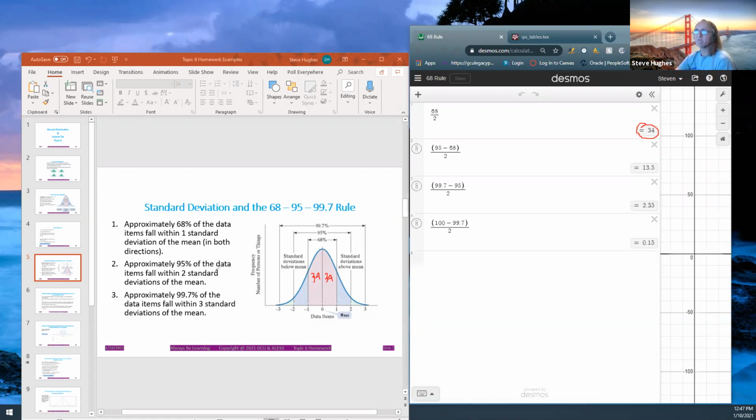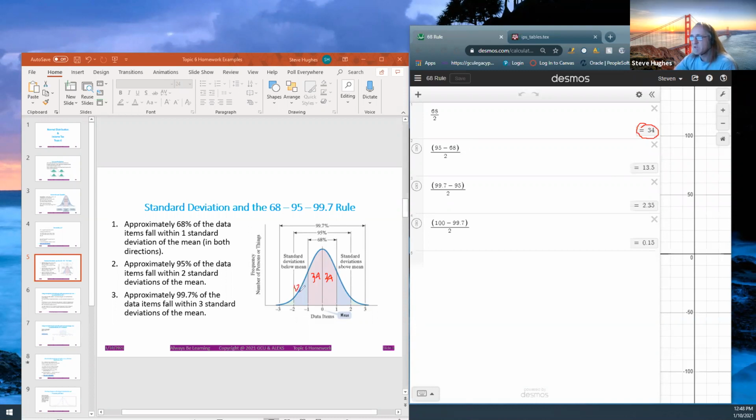Next, it says 95% of the data falls within 2 standard deviations, okay, above and below the mean. So I took 95 divided by 68, divided that by 2, and that tells me that 13.5% is in each one of the regions right here.